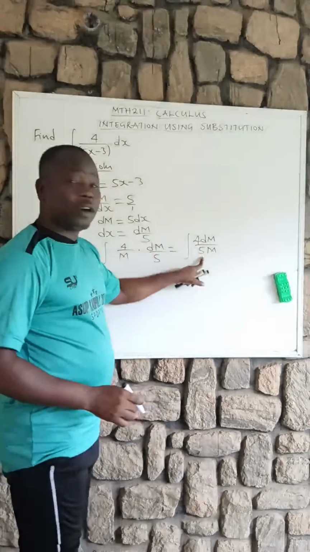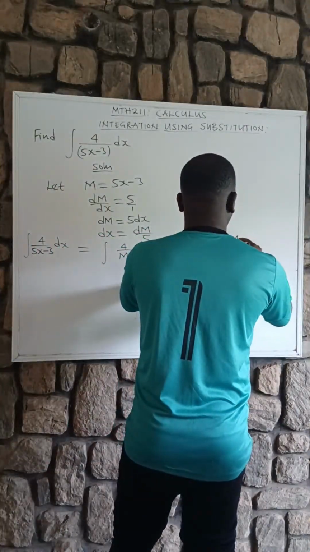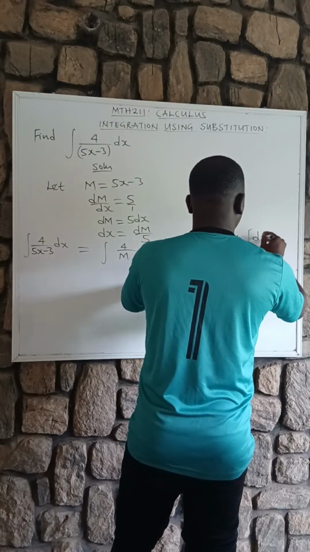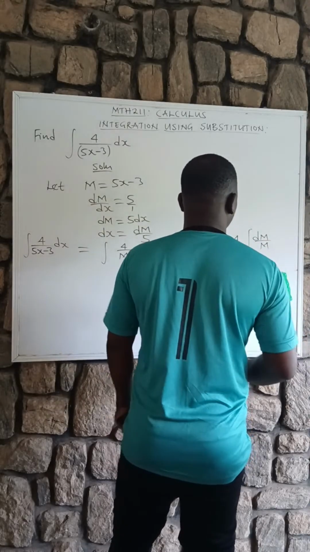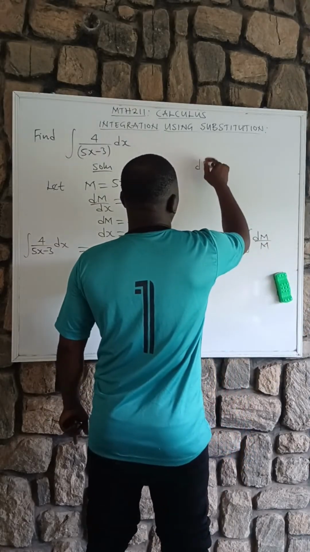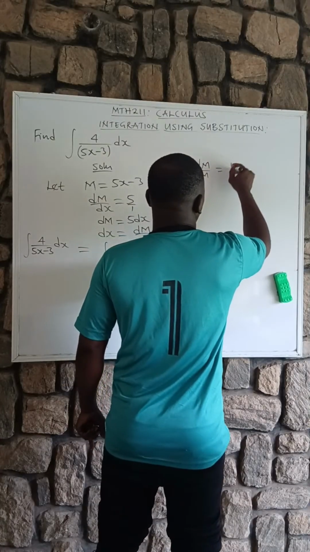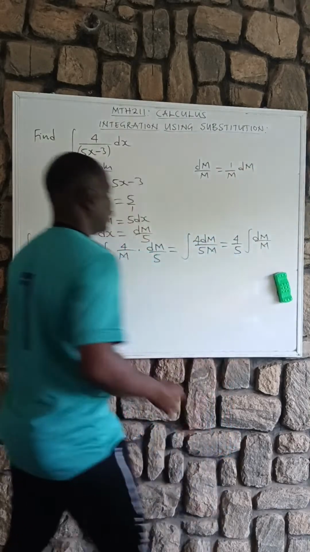So 4 all over 5 is a constant. We can factor it out. Integral dm all over m. But mind you, dm all over m is the same thing as 1 all over m dm, true or false?